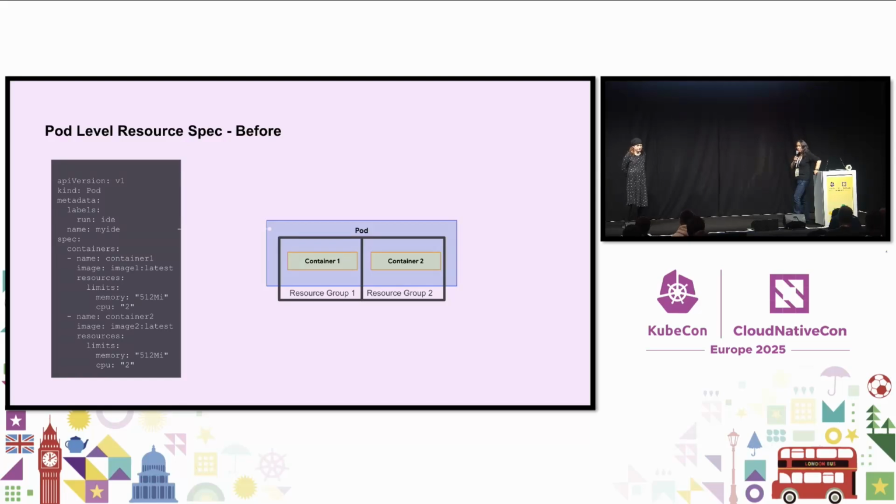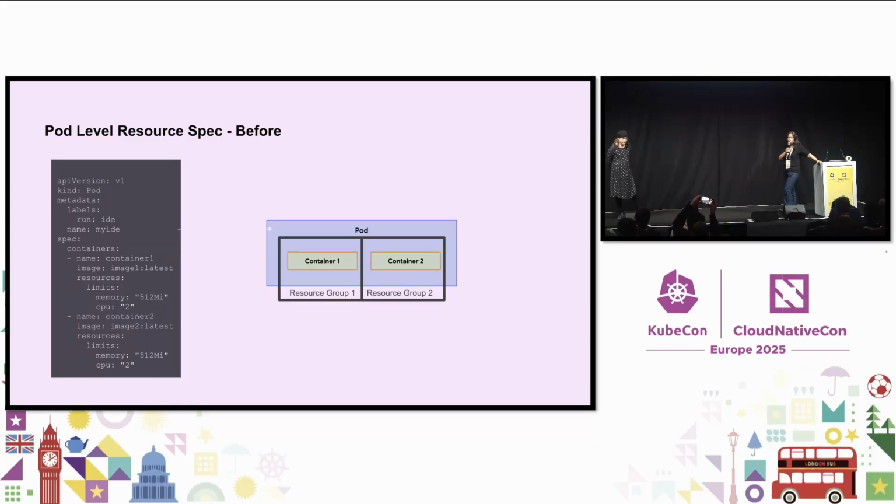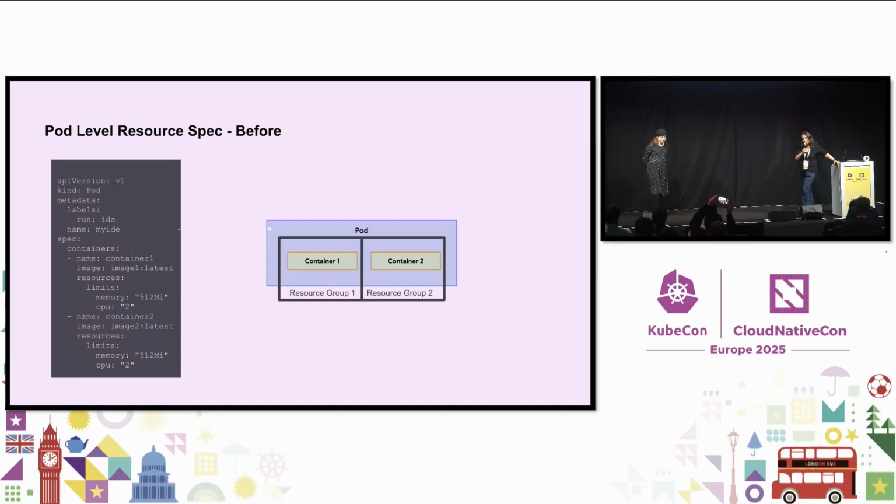You are going to over-provision each container based on its peak usage, which affects cluster level or node level resource visibility. Or you risk under-provisioning the critical application and impacting its performance. So this is the current approach.